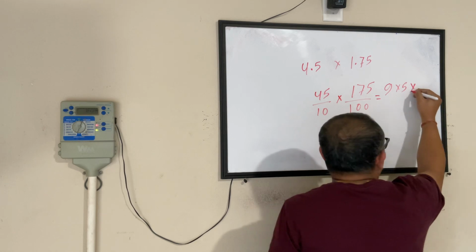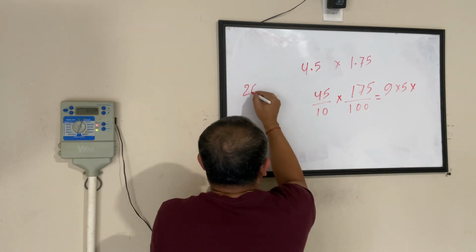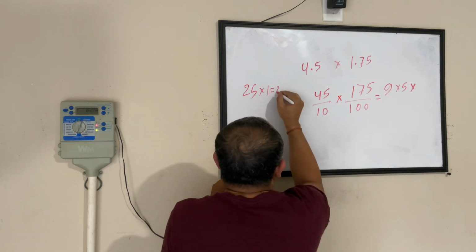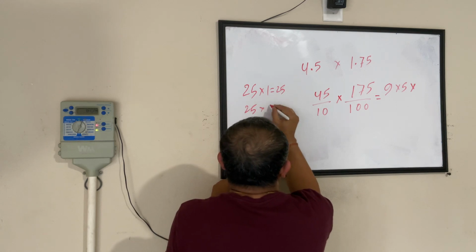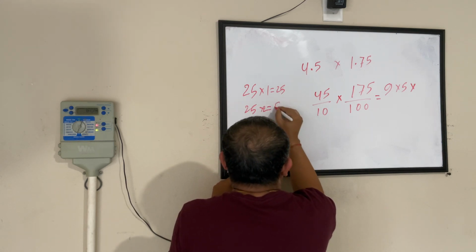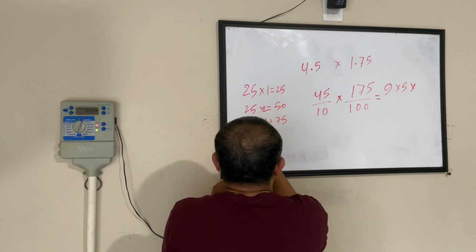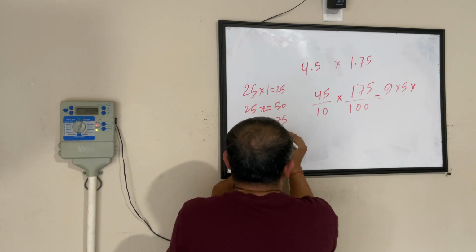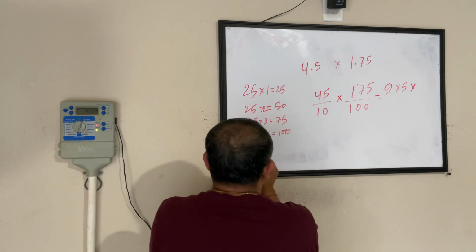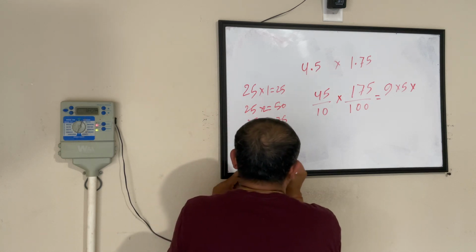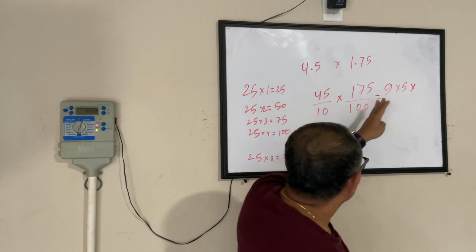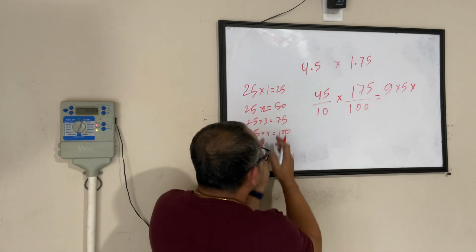If you remember the table of 25: 25 times 1 is 25, 25 times 2 is 50, 25 times 3 is 75, 25 times 4 is 100, 25 times 8 is 200. So there's a little bit of calculation, but you should be able to relate it.